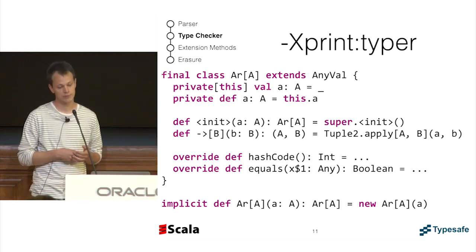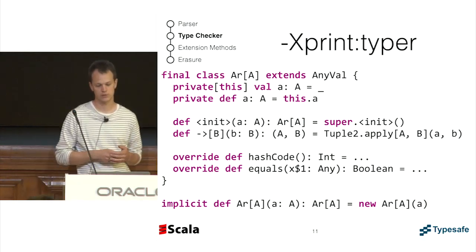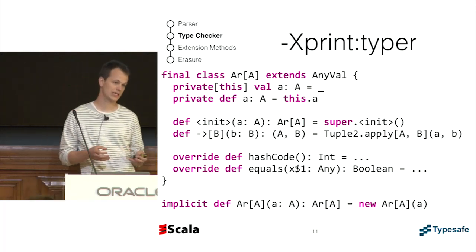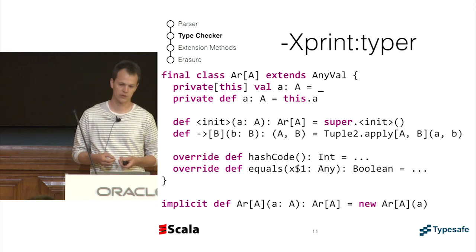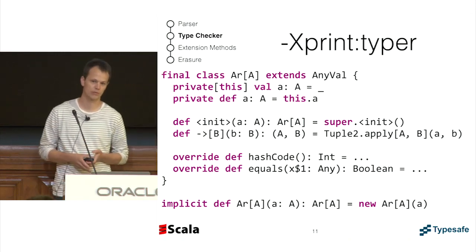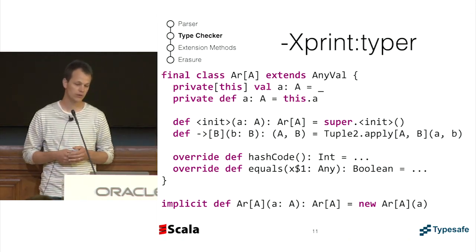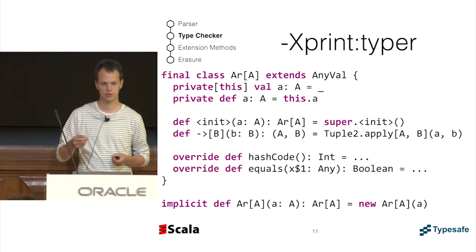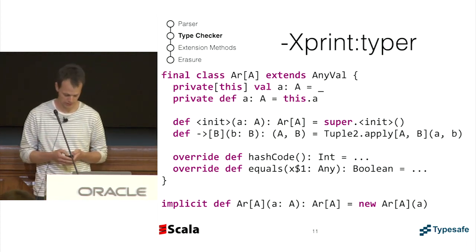And finally, the type checker also adds hashCode and equals methods. That's part of the specification of value classes: the Scala compiler will always add hashCode and equals methods that simply compute the hash code for all the components and equality.